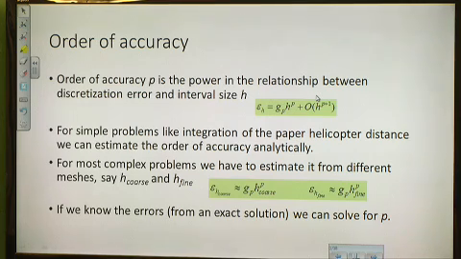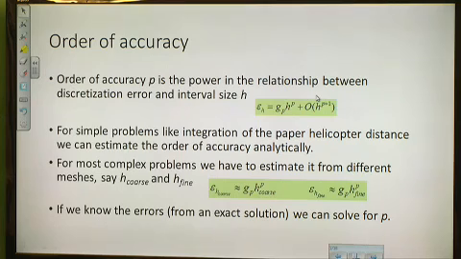For more complex problems, we can estimate it by calculating a coarse mesh and a fine mesh. And now we have to distinguish between two cases. One case is where you know the solution, so that you know the error.